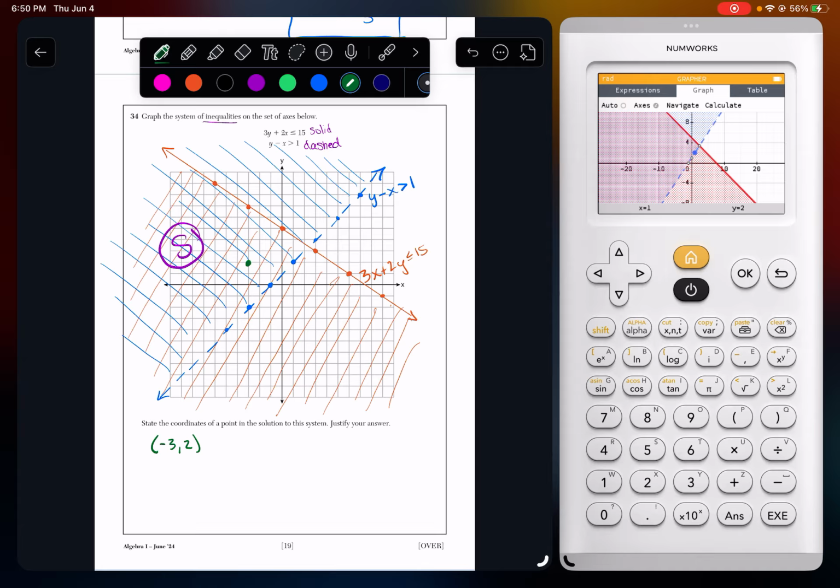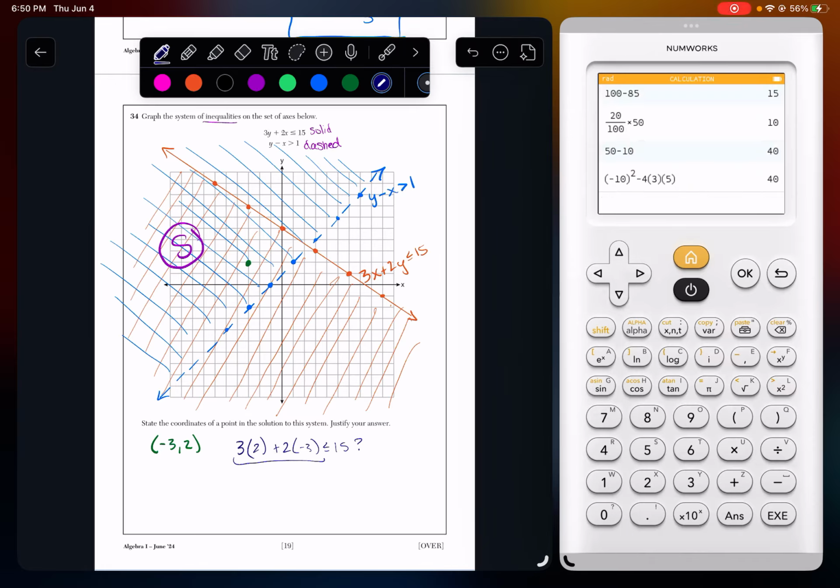So if I go that route, then the first inequality was 3y, so my y value is 2, plus 2x, my x value is -3, is less than or equal to -15. Three times 2 plus 2 times -3 is 0. 0 is indeed less than 15, so it makes the first inequality true.